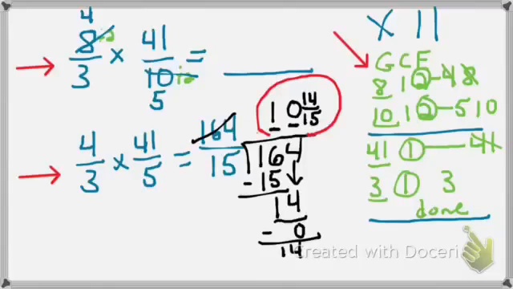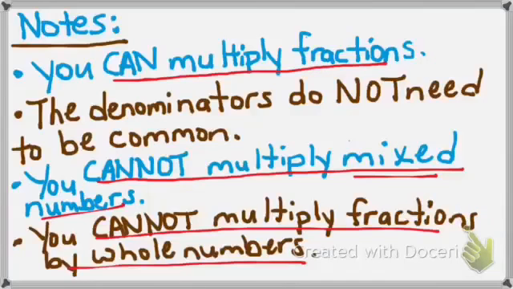If it's an improper fraction as it was here, I drop it into the division box to get my final answer. So remember, you can multiply fractions. The denominators do not need to be common. But you cannot multiply mixed numbers, and you cannot multiply fractions by whole numbers. So you would need to make a mixed number into an improper fraction with your changes.